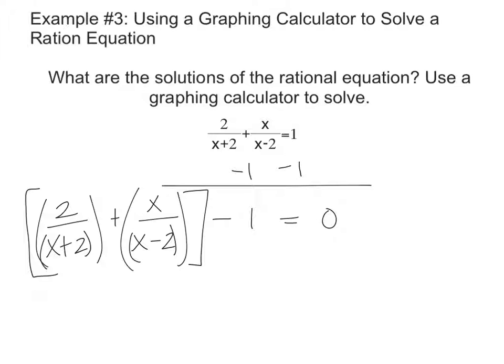And what you should see, even on a standard graph, it's going to look something like this. The goal is that you'll see that it's really right here. Okay, so we'll do second trace, 0. Left bound will be over here on this one. Right bound will be over here.